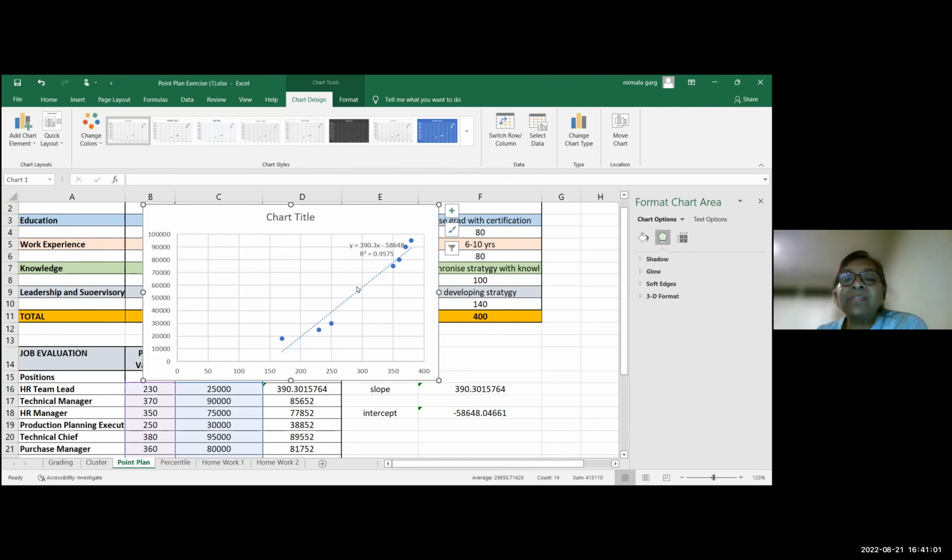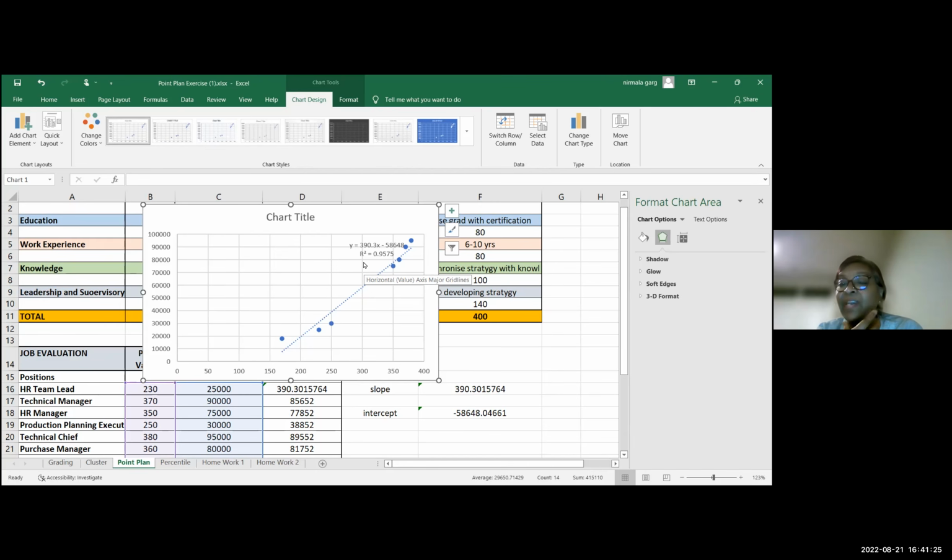Now, you also have something called R square. What is this R square? Coefficient of determination. That is the regression. Now, how much did you get? 0.95. That means 95%. That means your salary is 95% dependent on the point value.